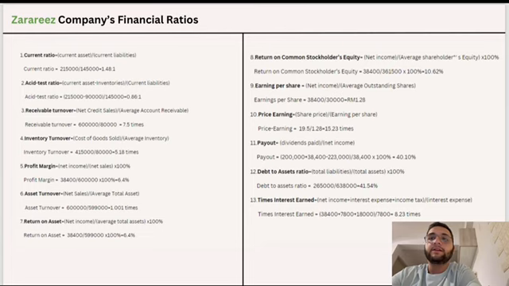A TIE ratio of 6 indicates that Zara's earns 6 times its interest obligations, showcasing strong debt management and lower financial risk. These ratios highlight Zara's financial strength and areas for potential improvement, providing a comprehensive view of the company's financial performance.